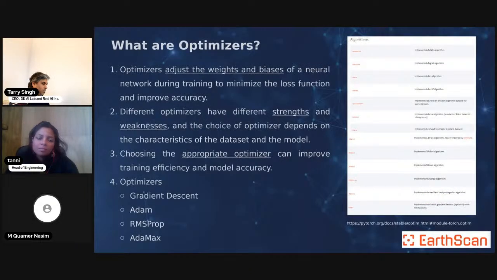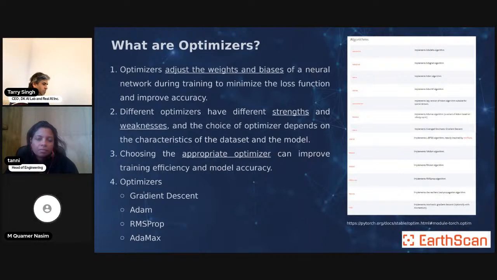So what are optimizers? Optimizers are just a mechanism through which we adjust the weights and biases of our neural network so that we can get the minimum loss and increase the performance of the model.